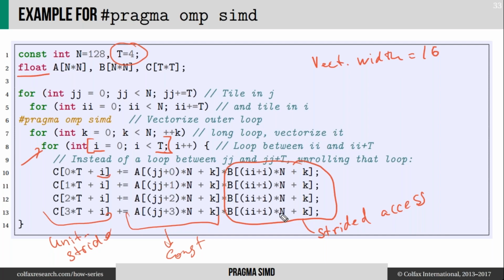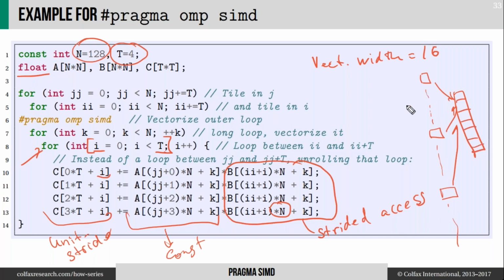But here, the story is very different. I'm multiplying by n, and n is 128. So I'm reading one element here, skipping a lot of elements. Reading one element here, skipping a lot of elements. Reading an element here, skipping a lot of elements. And I'm trying to put the results into a small contiguous vector.